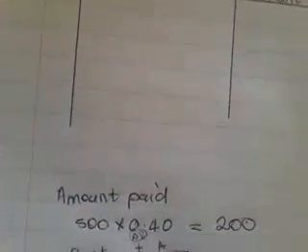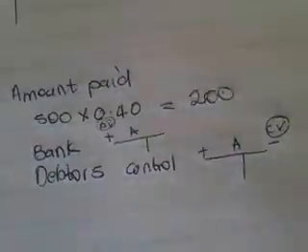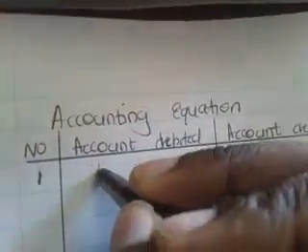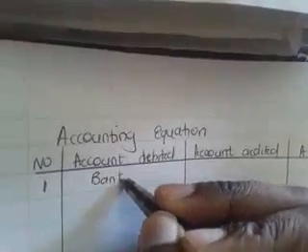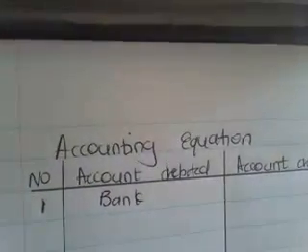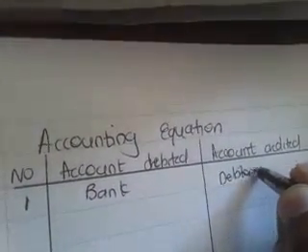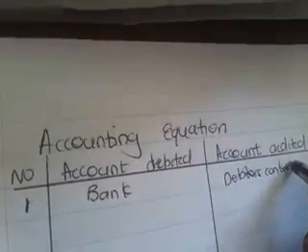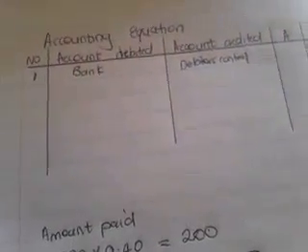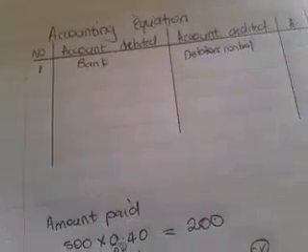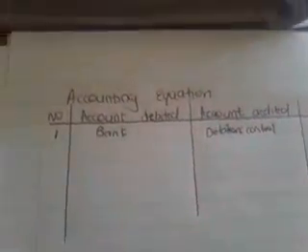So therefore you are going to debit this account and credit this one, right? So it will be transaction number 1, bank there, as well as debtors control. And whenever debtors control is affected, you should know that you are going to have to adjust that amount when you do your provision for bad debt.